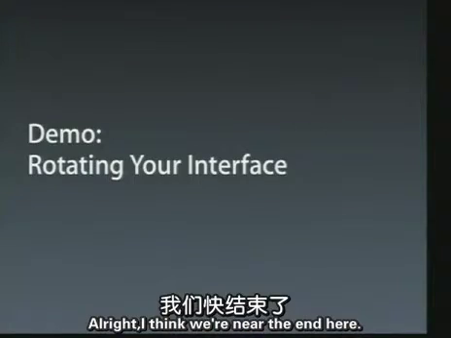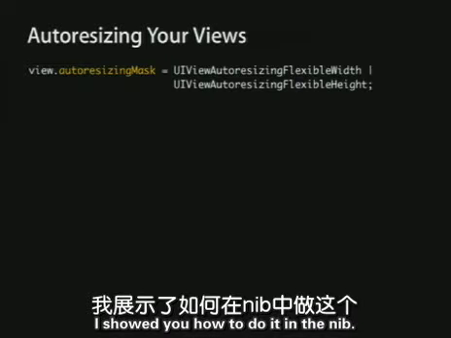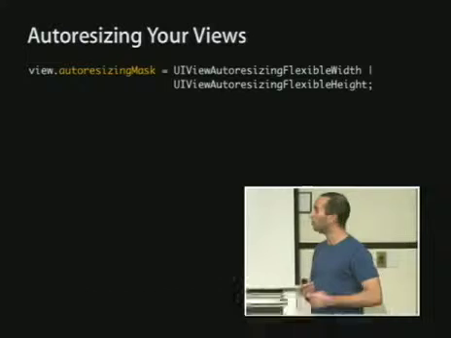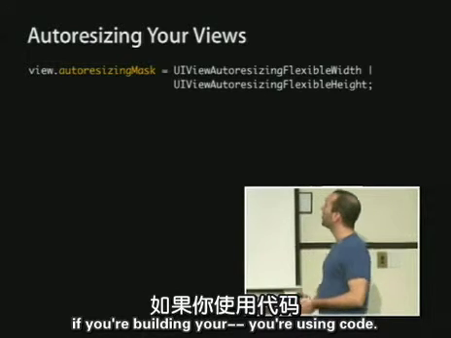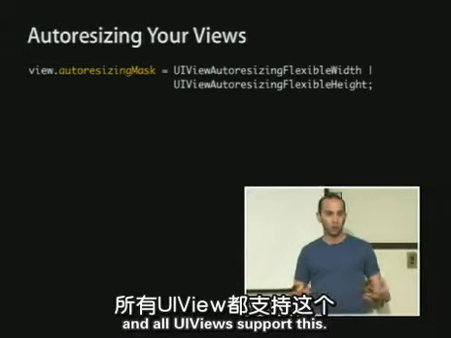All right, I think we're near the end here. So auto resizing your views, I just showed you this. I showed you how to do it in the nib. You can also do it in code. Sometimes it's convenient to do it in code if you're building your views in code. You set the auto resizing mask on your UIView, and all UIViews support this.